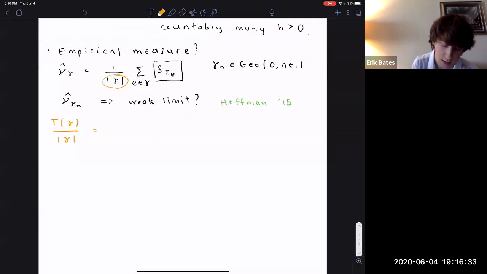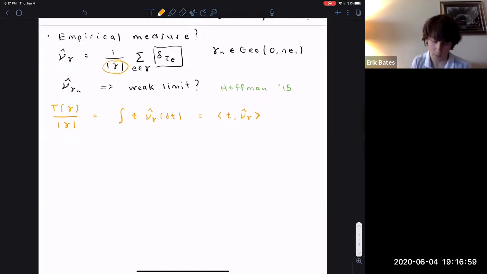And so what I'm left with is just the average of all the tau e's. So that is, I integrate the function t against the measure nu hat gamma dt. And let me give this an abbreviated notation that I'll use henceforth, which is just t integrated against nu gamma in this inner product kind of notation.